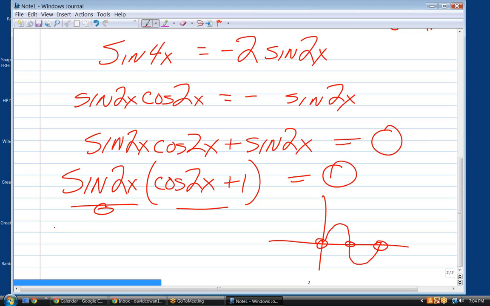So this happens when 2x equals 0 or pi, so x would actually be pi over 2. And then again when it's pi.